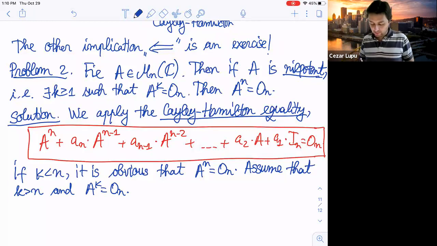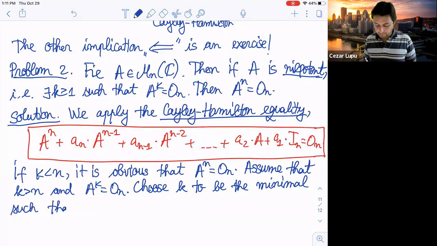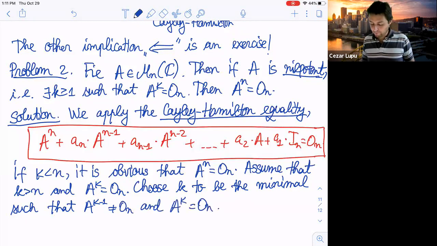Let's choose k to be minimal, such that A to the power k minus 1 is not 0 and A to the power k is 0n. All right, so we choose this to be minimal.